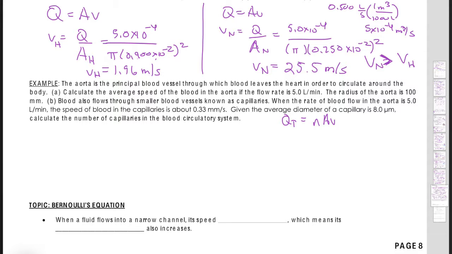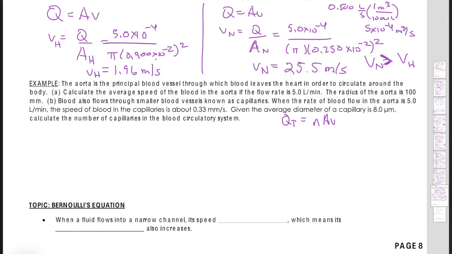Calculate the average speed of the blood in the aorta if the flow rate is 5 liters per minute. The radius of the aorta is 100 millimeters. The blood also flows through smaller blood vessels known as capillaries. When the rate of the blood flow in the aorta is 5 liters per minute, the speed of the blood in the capillaries is about 0.33 millimeters per second.